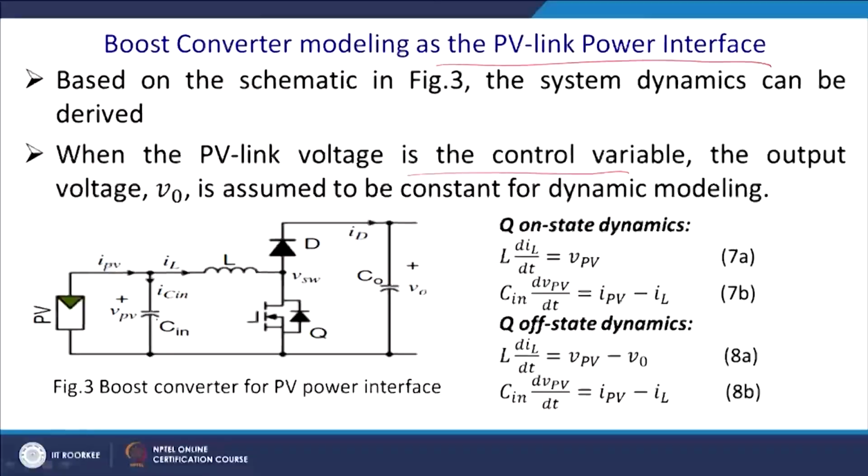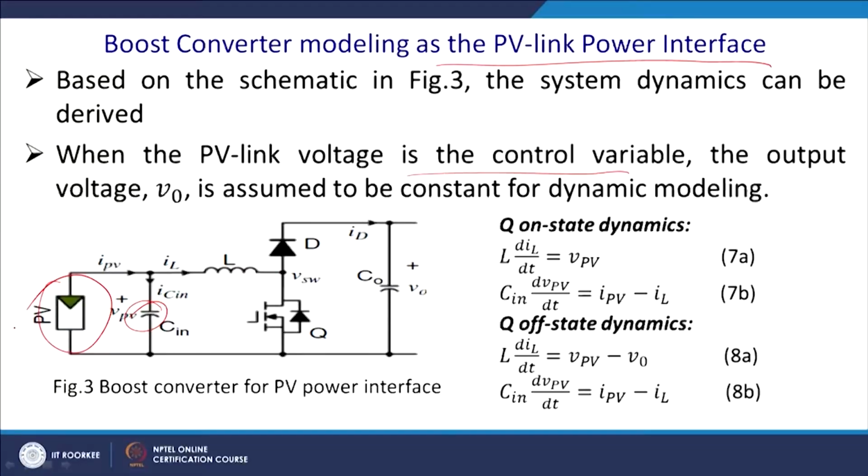So, you have the PV source, IPV, a capacitor, and thereafter an inductor. What happens if you do not give the capacitor, that is, if you short it? Then there will be a huge drift in the MPPT point.